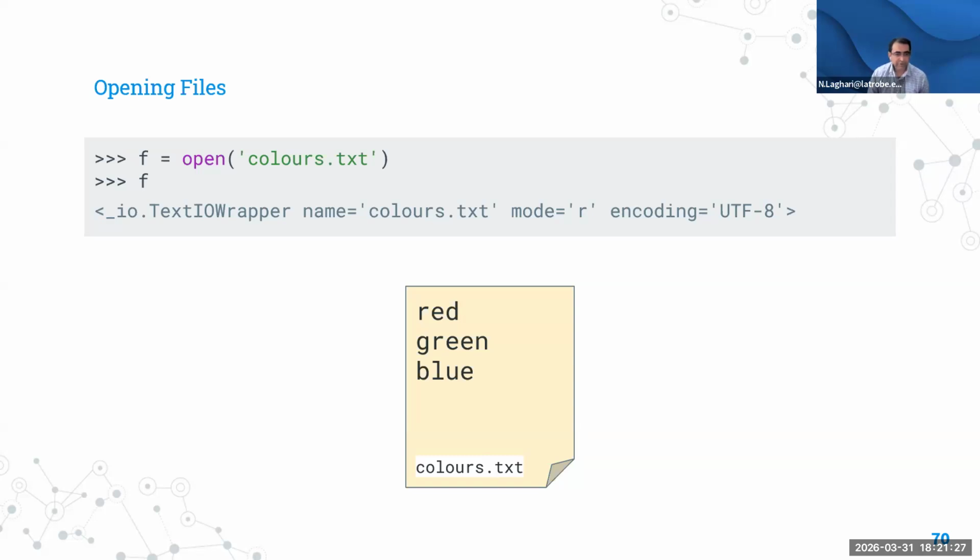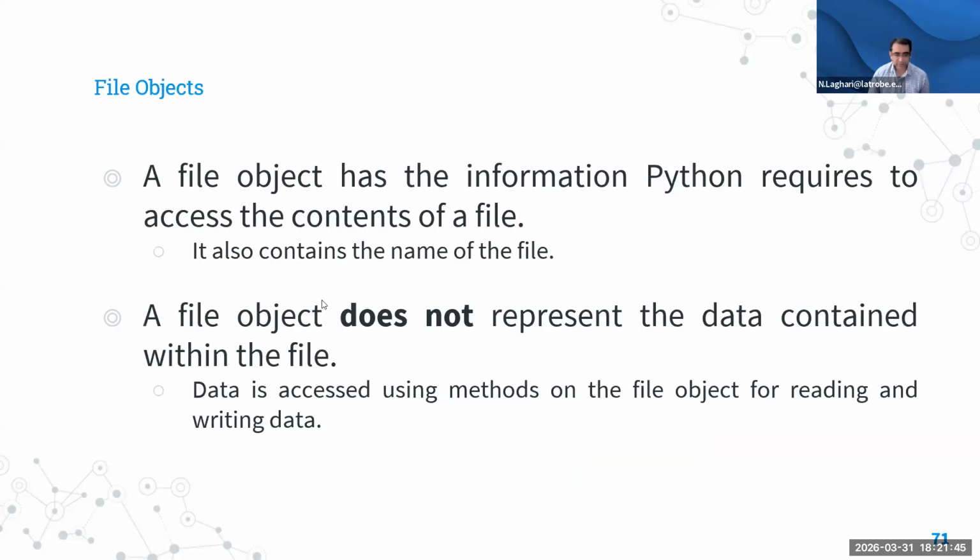But if it is in the same current directory where your Colab file or Python file is, you just mention its name and then an object of type file is opened and stored in F. This way our file object has the information that Python or your program requires to access the content of that file.